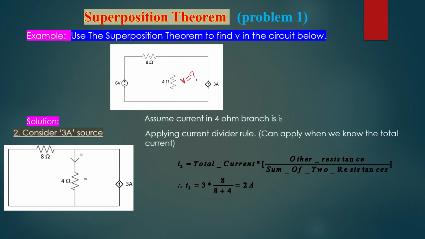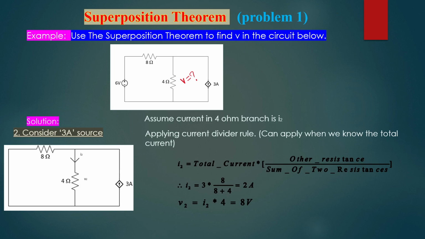So I2 is equal to 3 into 8 by 8 plus 4. The other resistance is 8 ohm, and the total resistance is 8 plus 4. From there we get 2 ampere.